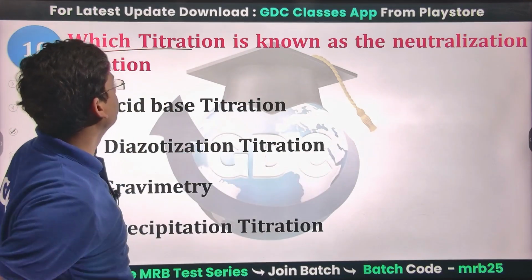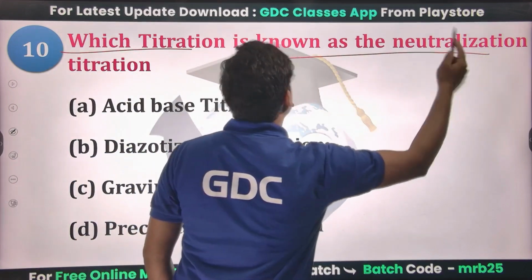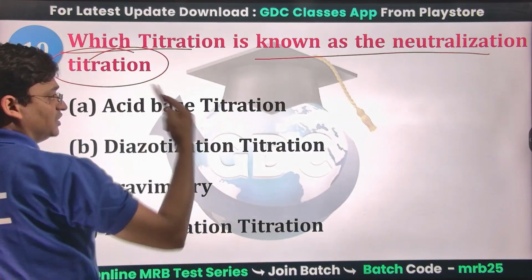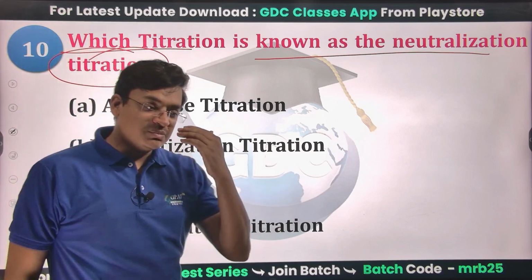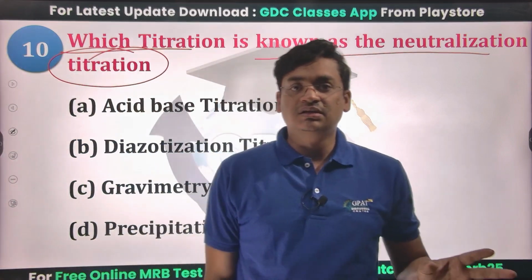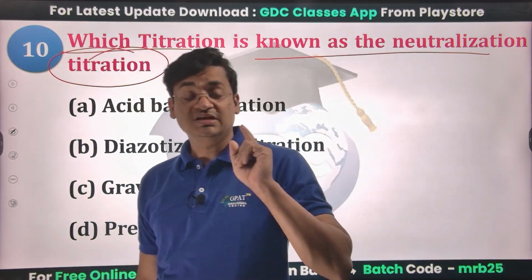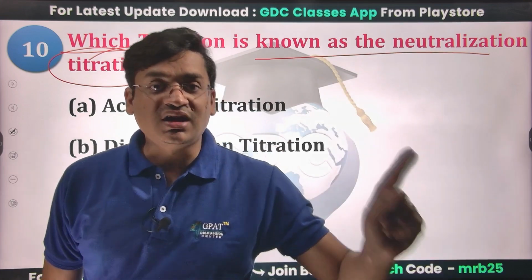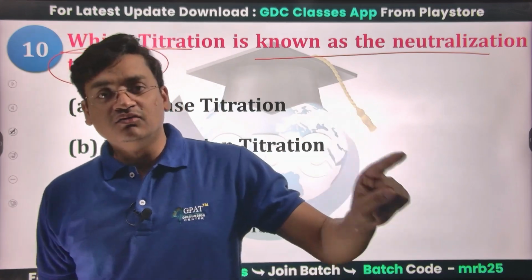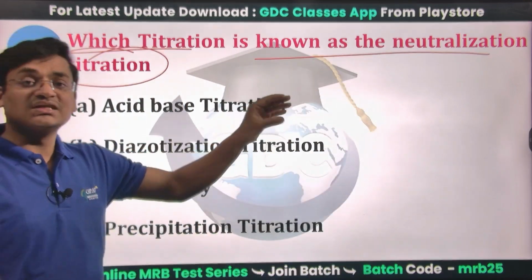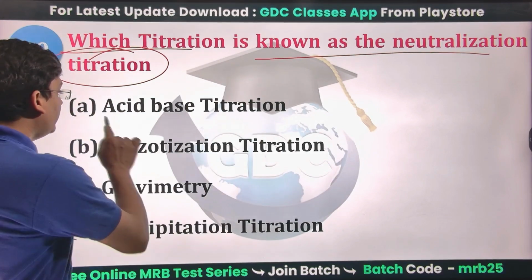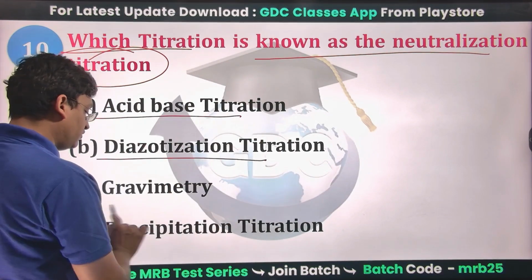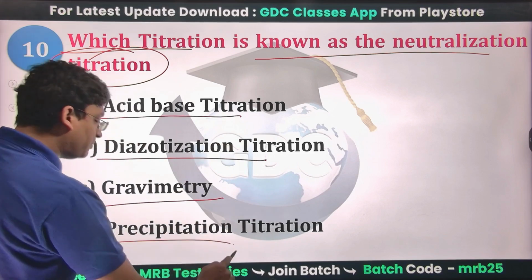Next question: which titration is known as the neutralization titration, or neutralization reaction? Neutralization titration means when we use an acid and a base, it reacts to form a salt and water. So the neutralization reaction is acid plus base giving salt plus water. The options are acid base titration, diazotization, gravimetry titration or precipitation titration.